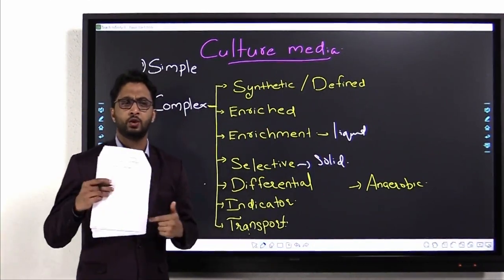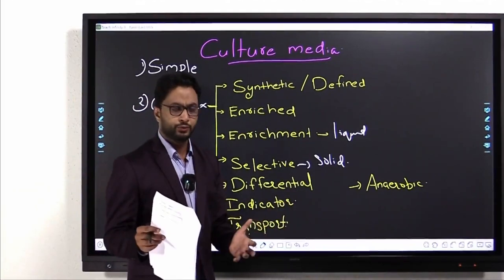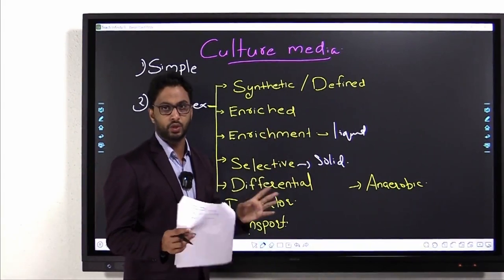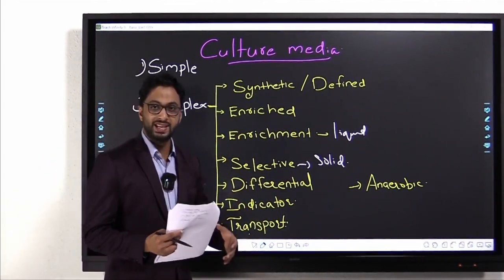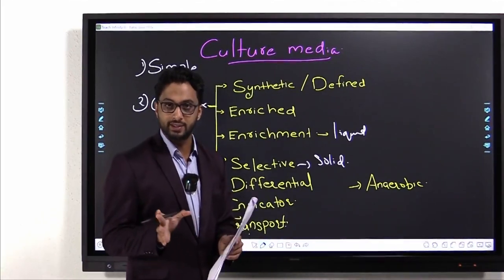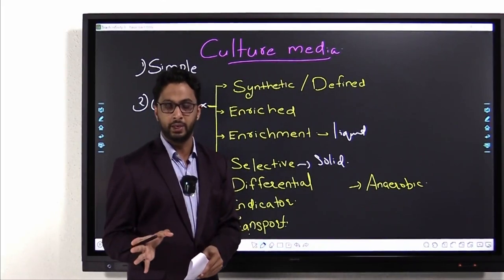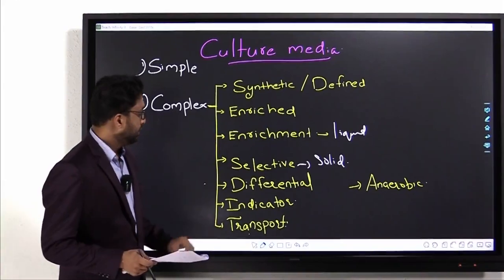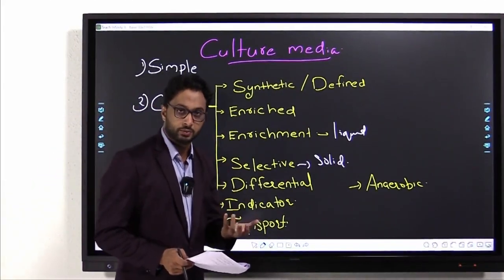In your questions, they interchange this. So if they specifically mention enrichment media and give you a broth, select that. You'll understand it better when you see the questions. Don't confuse it. We'll come into it when we discuss the questions, and if you have any doubts, you can put them in the groups.